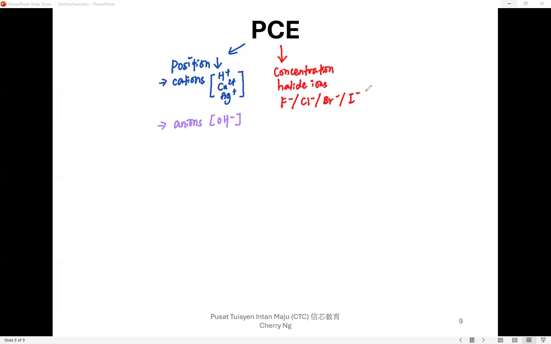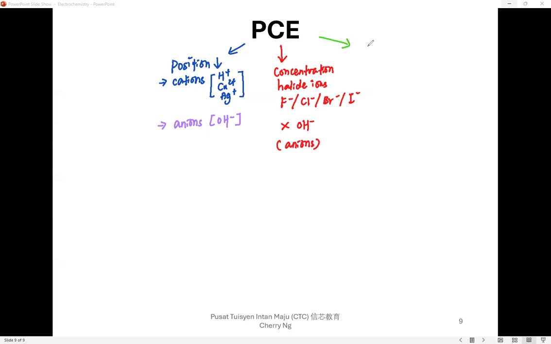All of these affect the anions only, meaning we will no longer discharge hydroxide.